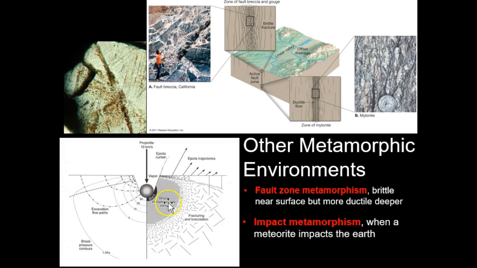A little further from the impact, metamorphism occurs in that metamorphic zone. For example, coesite, which is a very dense form of quartz, is a common mineral to form under these conditions.